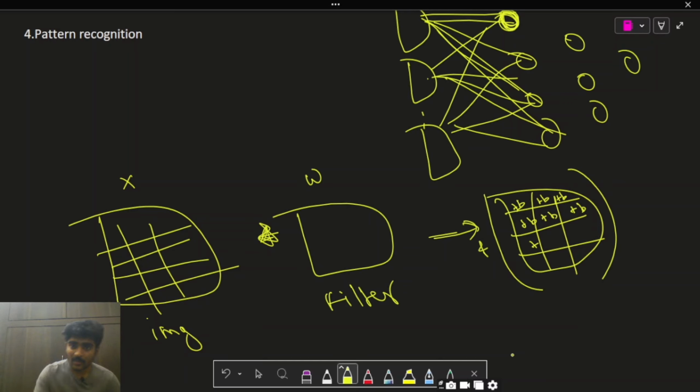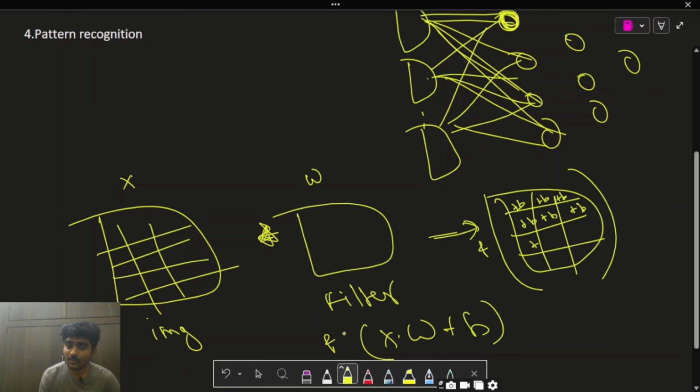If you keenly observe what I'm doing here, I take the input and multiply it with the weights, and after obtaining my feature map, I add bias to it. On the whole result, I apply my activation function to obtain z.